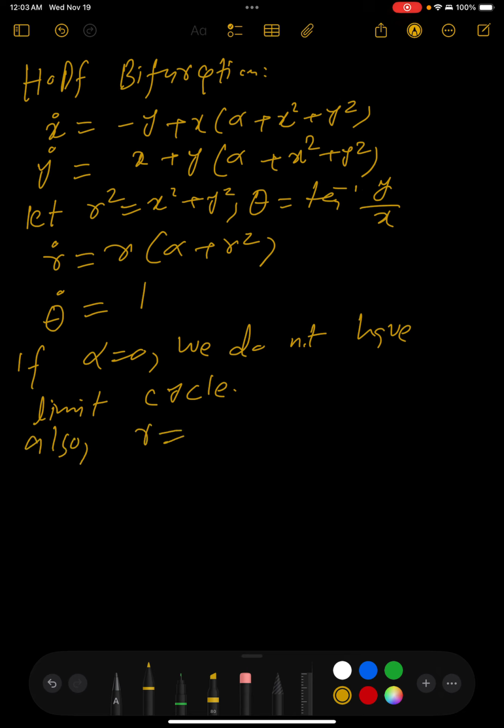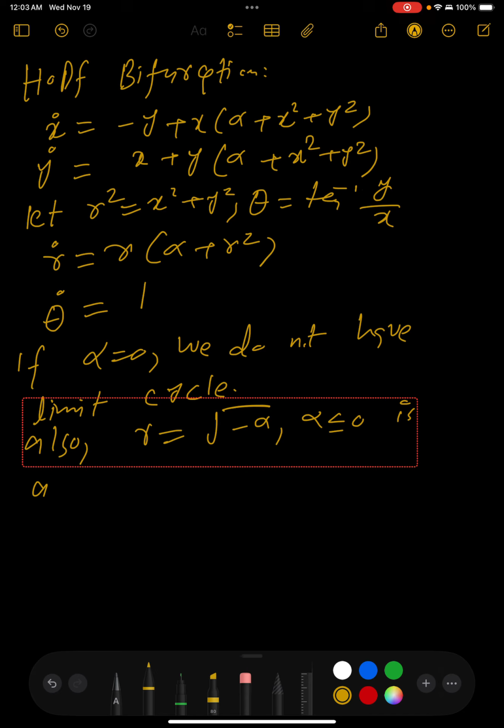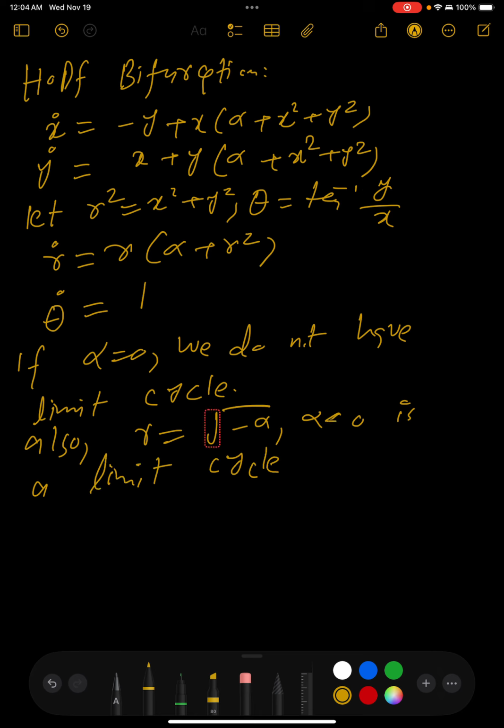Also r is actually the square root of minus alpha. Alpha less than or equal to 0 is our limit cycle. So alpha less than 0 is a limit cycle, but we will see whether it is a stable or unstable limit cycle.